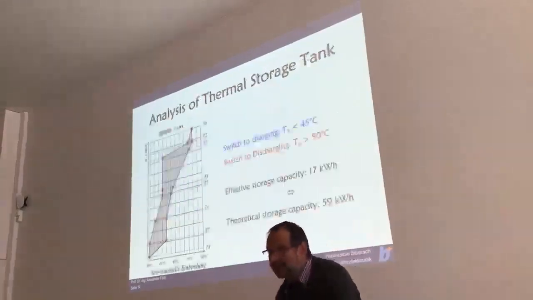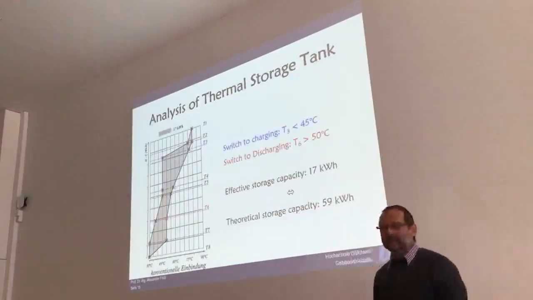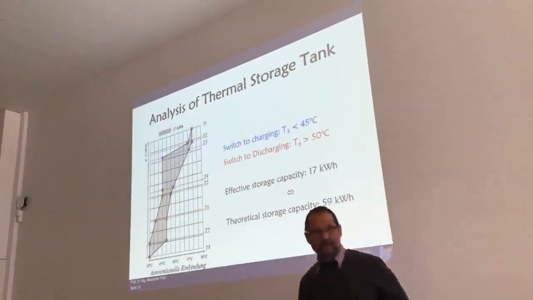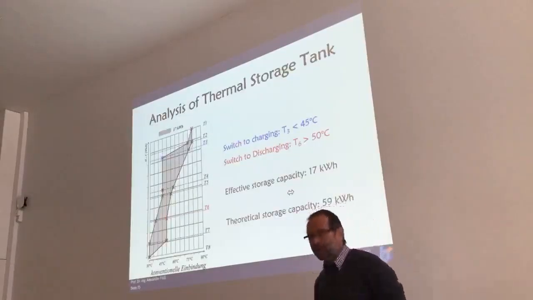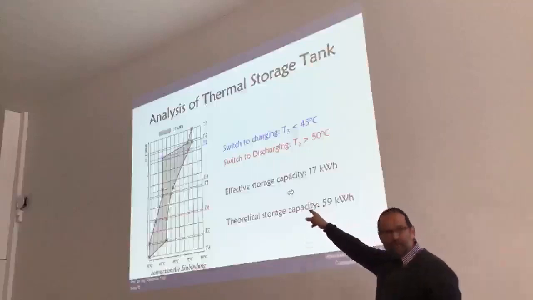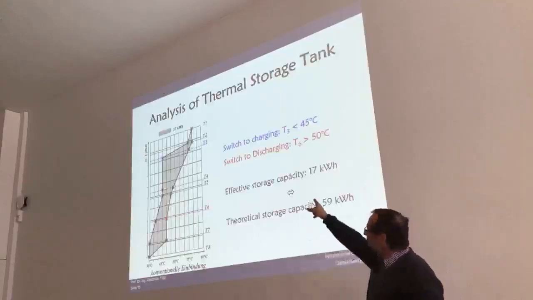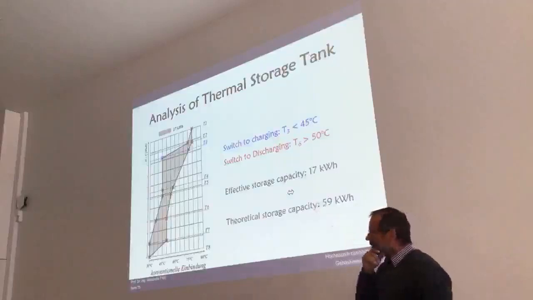So what we did next, we looked at our real system. We inserted 8 sensors into our storage tank, and we monitored the whole thing. And that is a temperature profile we measured at our realistic tank. Out of that area, we calculated the storage capacity to be 17 kilowatt hours.